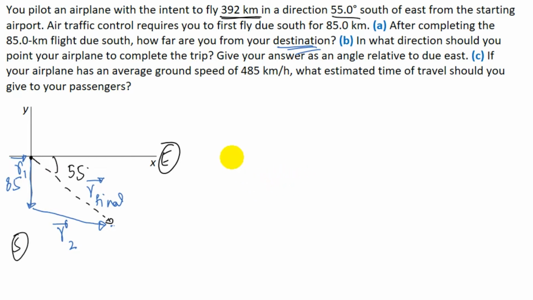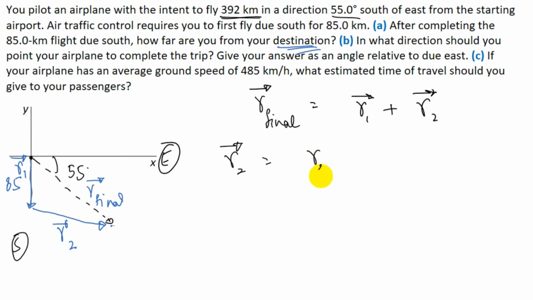Fine. So now by using the concepts of vector addition, we can write that R final should be equal to R1 plus R2, and from here vector R2 would be equal to vector R final minus vector R1. Now I'll be writing the components of this R final.